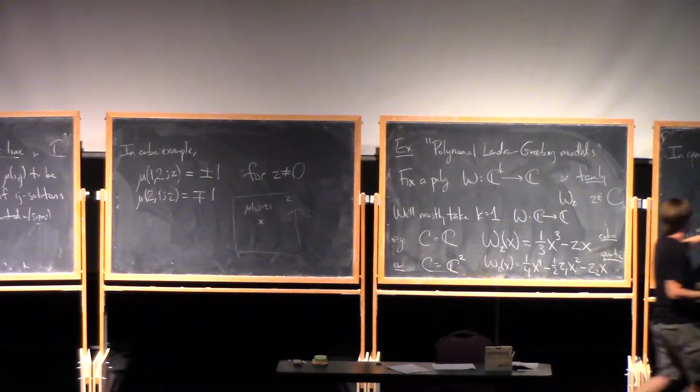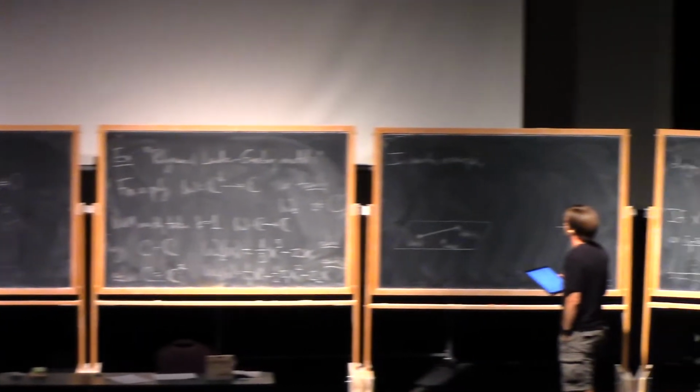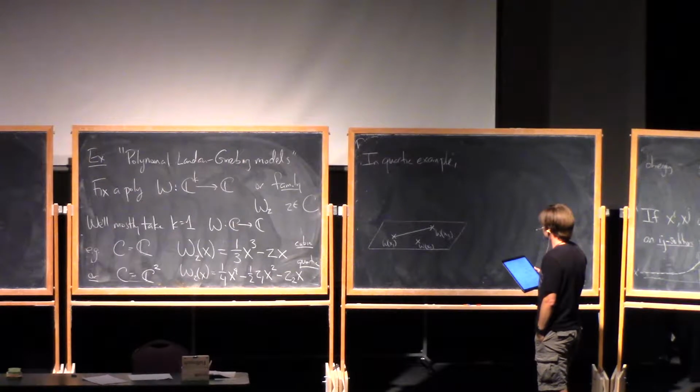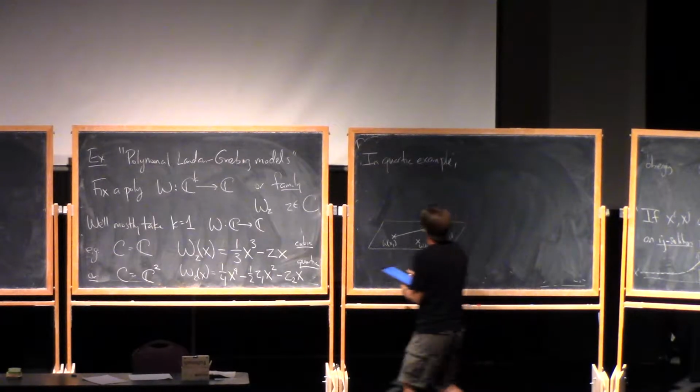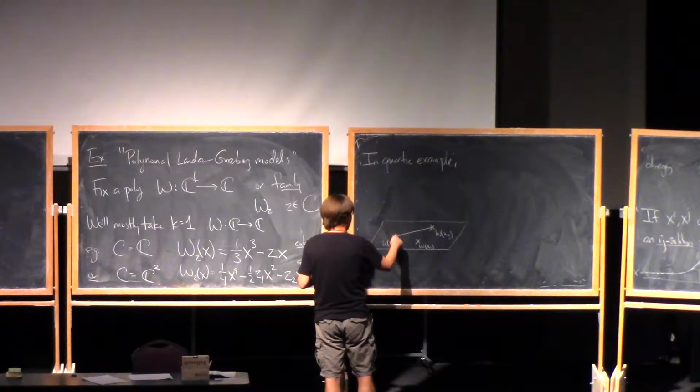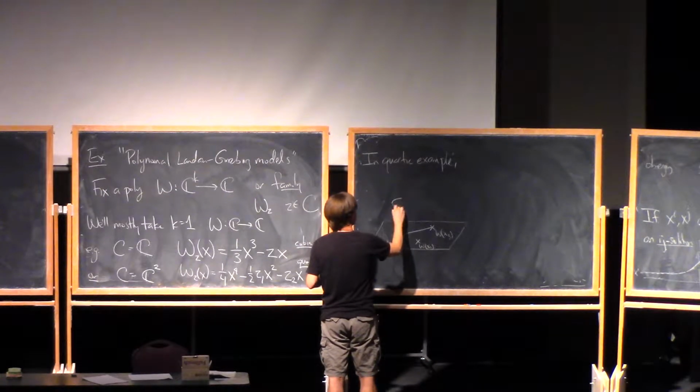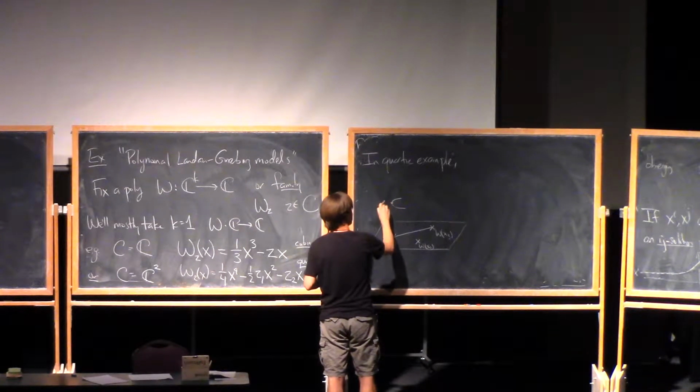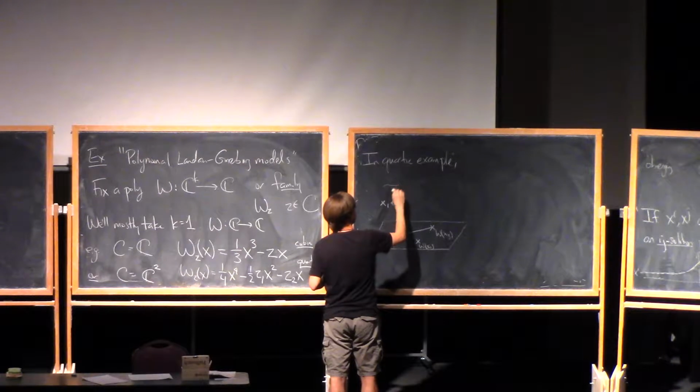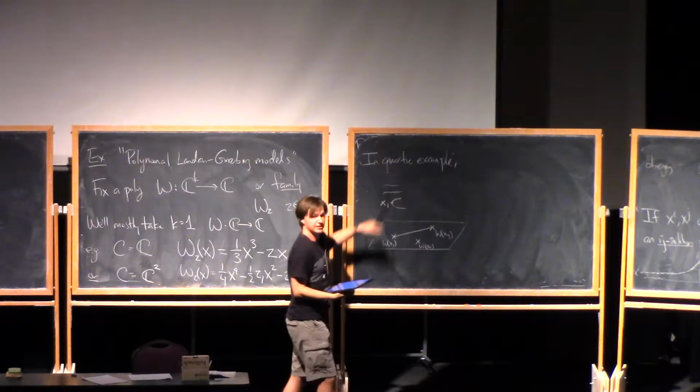Anyway, so let's come back to this, and let's ask what the picture is going to be here. So here, over W of x1, there's the critical point x1, and the local picture of the covering looks something like this.